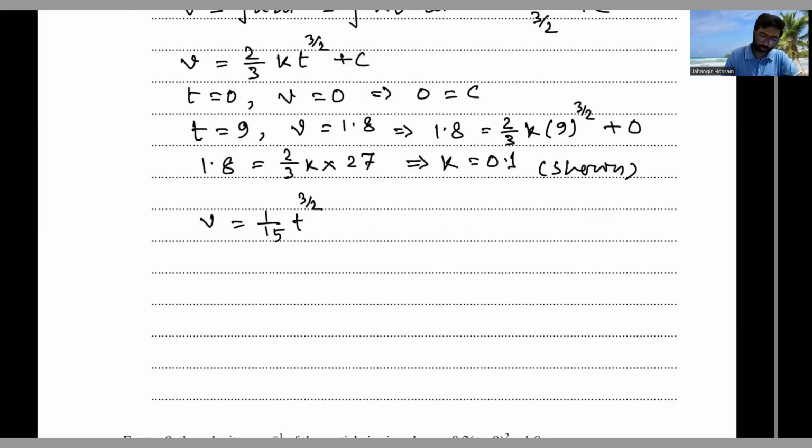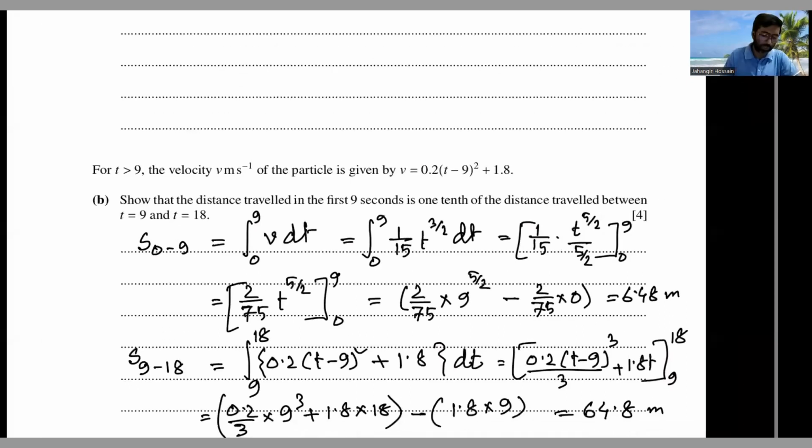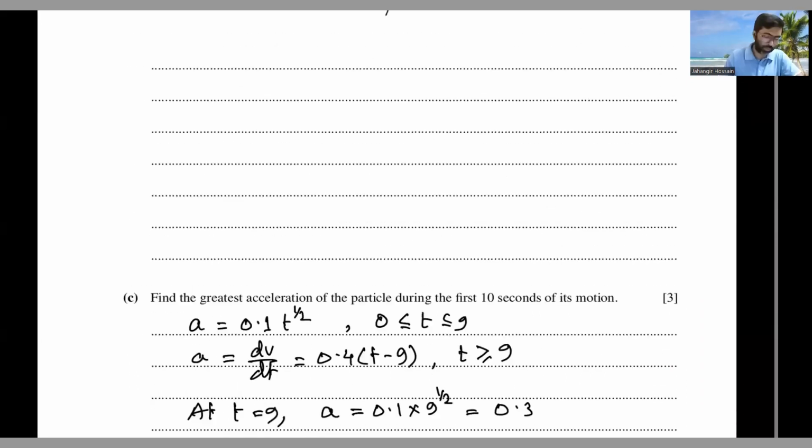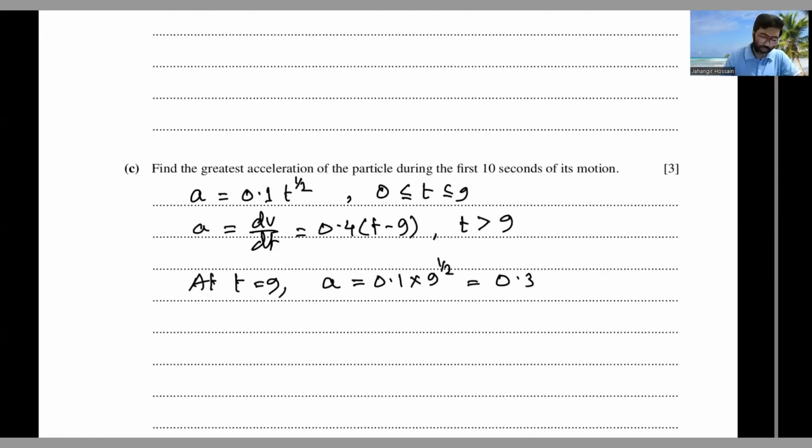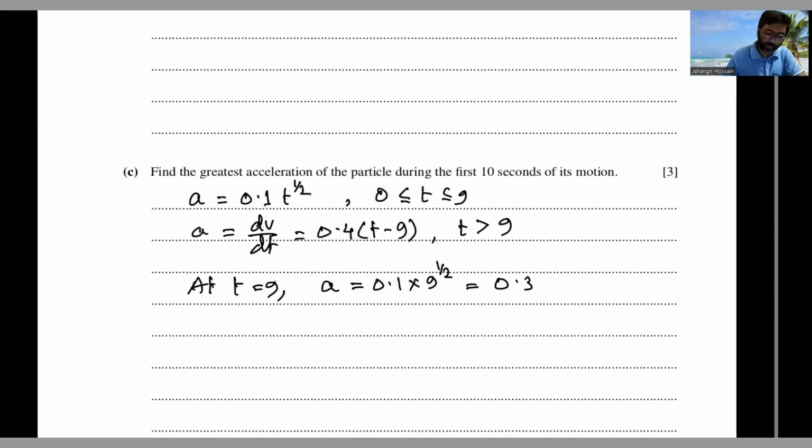The second equation is for t greater than 9, not for t equal to 9. From the second equation, at t equal to 9 the acceleration would be 0, so at t equal to 9 the second equation is not valid, and the first one is valid.